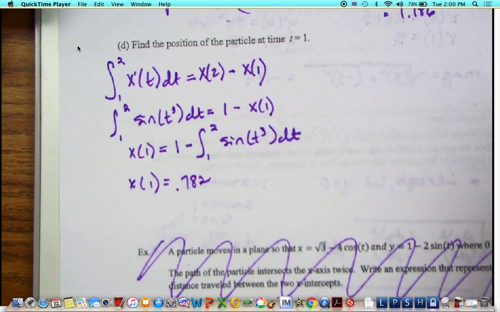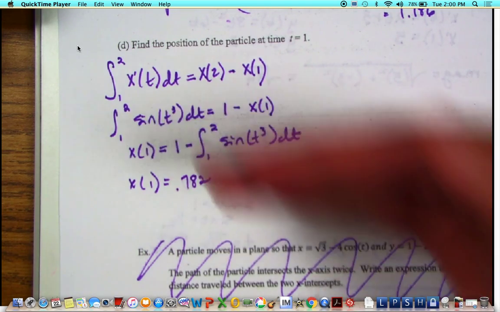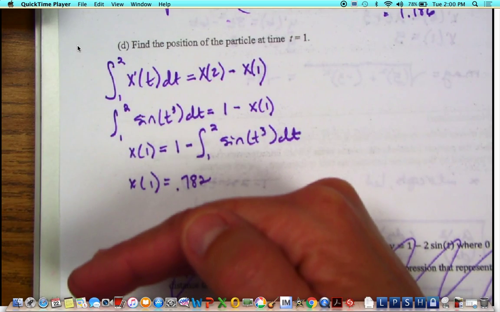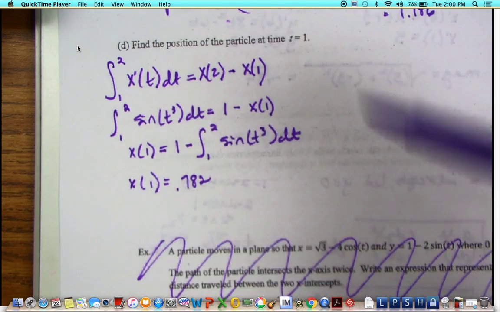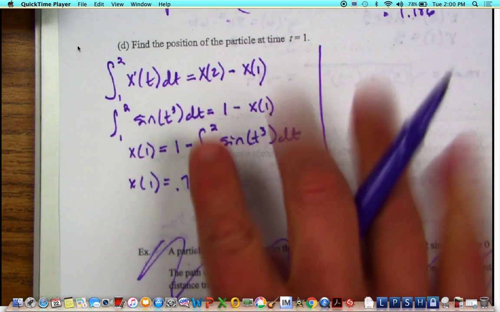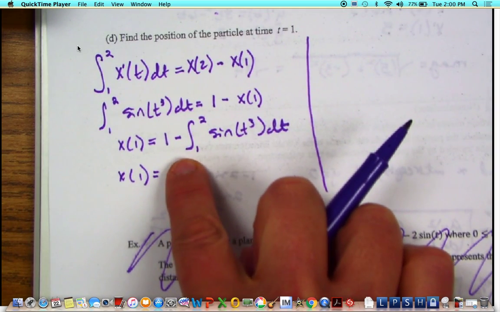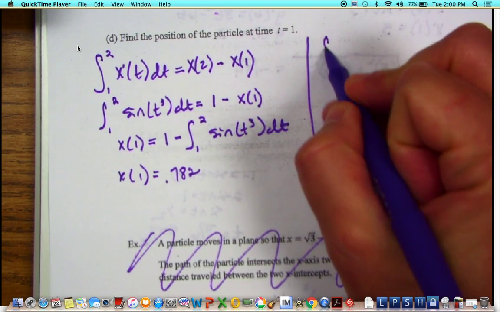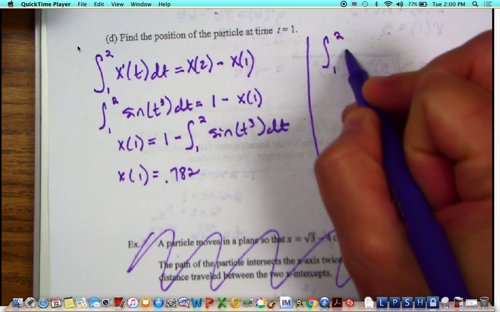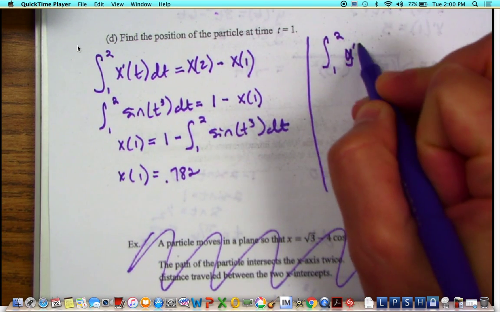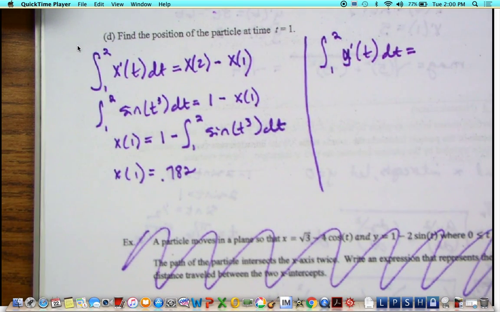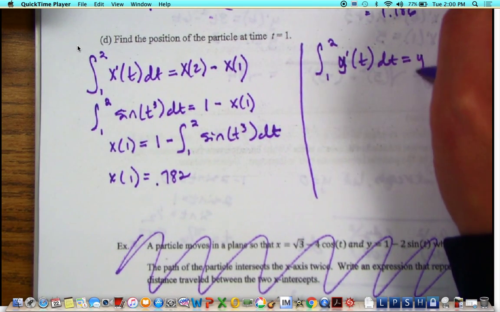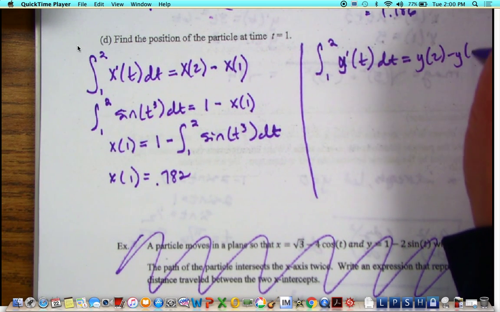Now I have to do the same thing for the y coordinate, right? This only gave me the x piece of it. So again, I'm going to follow the same kind of work I did here. If you were able to go directly to this step, no problem. But basically what I know is if I integrate y prime of t dt from 1 to 2, that would give me y of 2 minus y of 1.